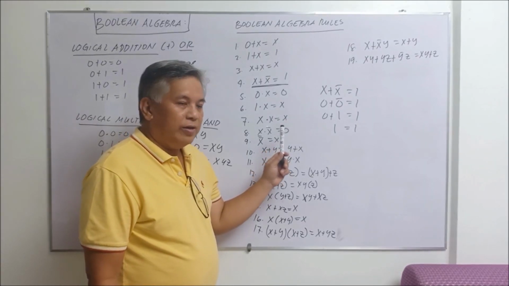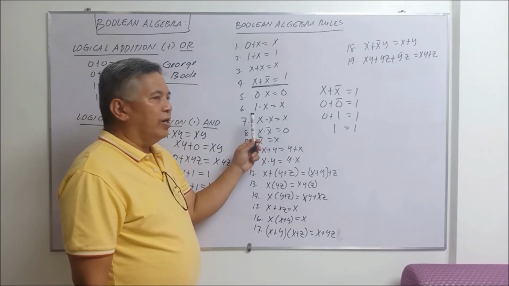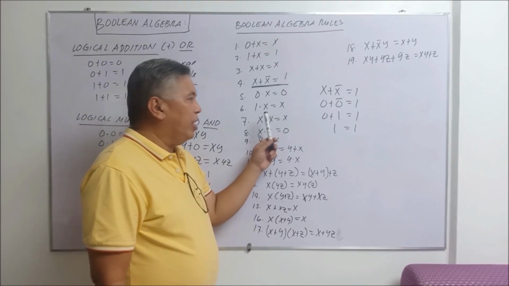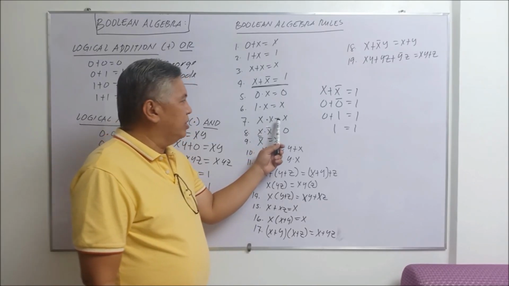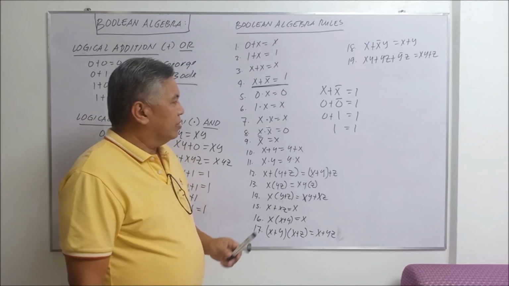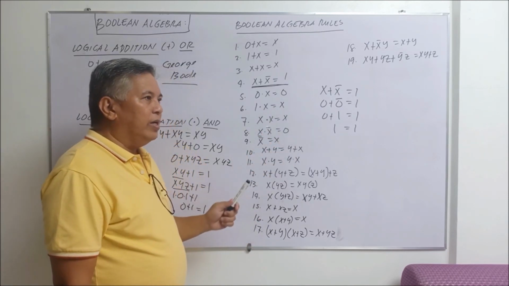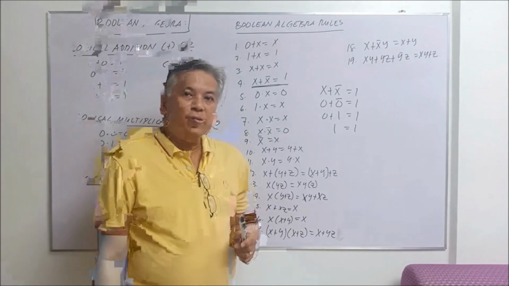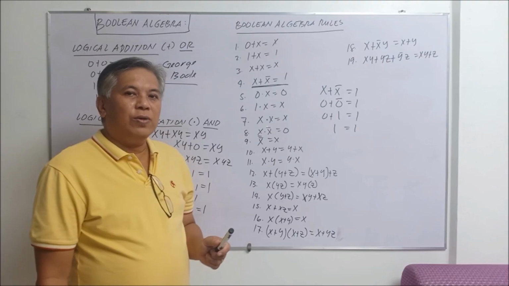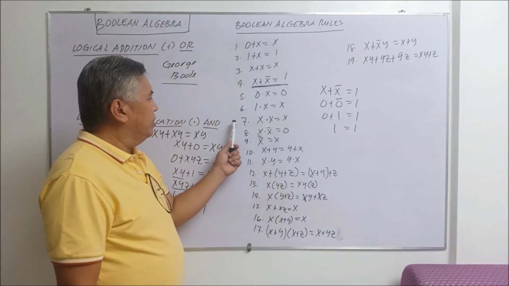Not x squared, but equal to x. So any variable or variables again multiplied to the same variable or variables is equal to that variable or variables. So x times x is equal to x. Or let's say xy times x is equal to xy. xyz times xyz is equal to xyz. That is rule number 7.